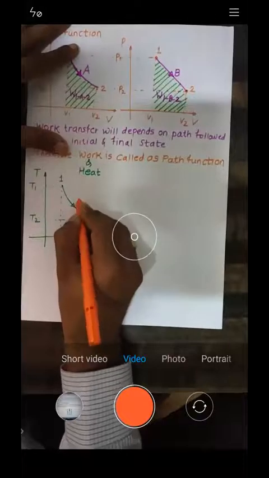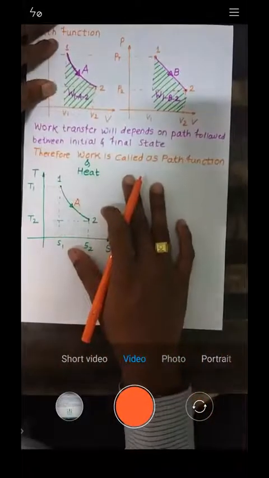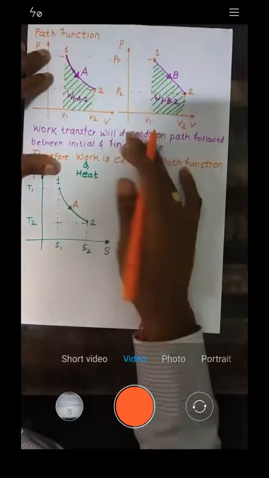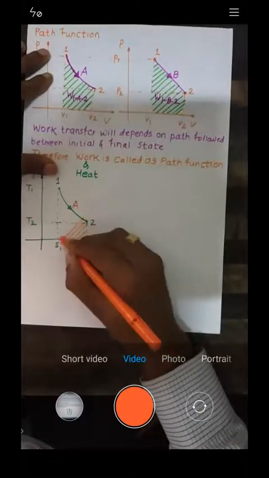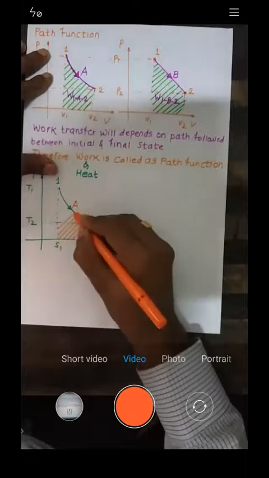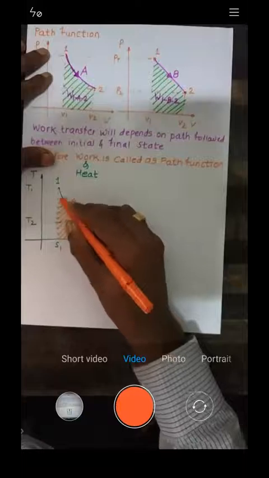Let me call this A. So the process is 1A2. This is the area coming below the process 1A2.